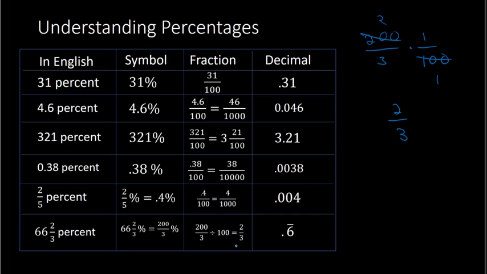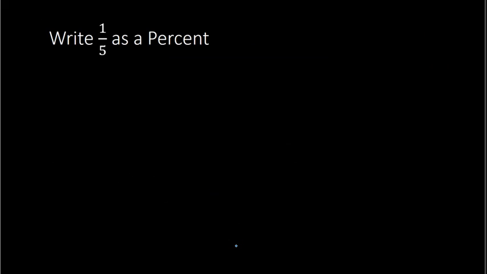Next, we're going to work with converting from any of these notations into a different notation. So for example, write 1/5 as a percent. And there's actually 2 ways you can do this. You can use method 1, which is where I take the fraction and then write as a decimal. So 1 over 5 should be memorized to be 0.2.